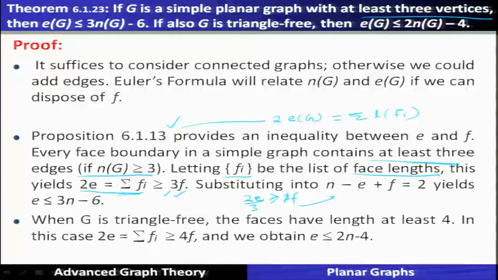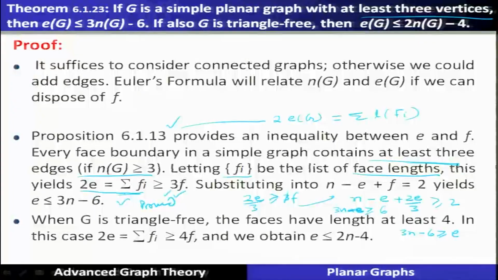If we substitute this into Euler's formula, n minus E plus f is equal to 2, so this becomes 3n minus E is greater than or equal to 6. So, that becomes 3n minus 6 is greater than or equal to E, that we have proved.